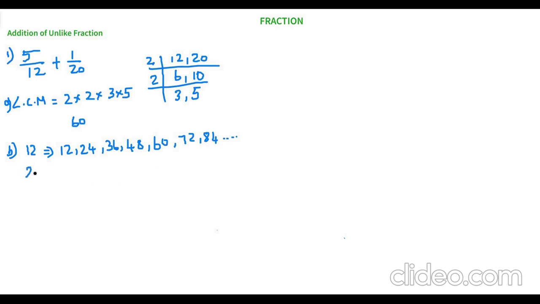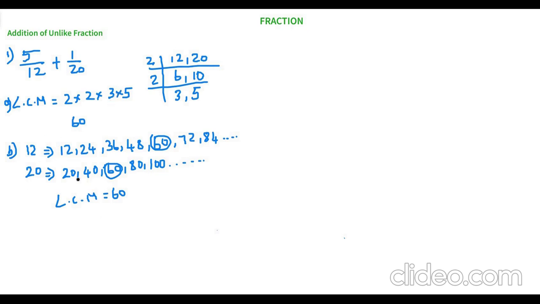Now let's write the multiples of 20: 20, 40, 60, 80, 100, and this also keeps going. Now let's see which is common. We have 60 common in both. So our LCM is 60. The second method is easy as long as we know the multiples of the smaller numbers. When it comes to bigger numbers, it is better to use the first method.